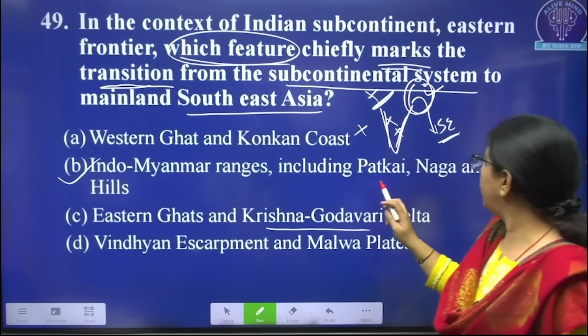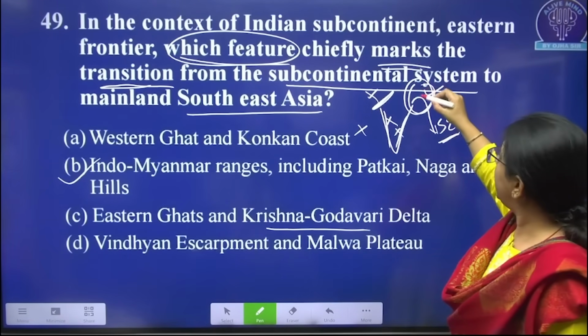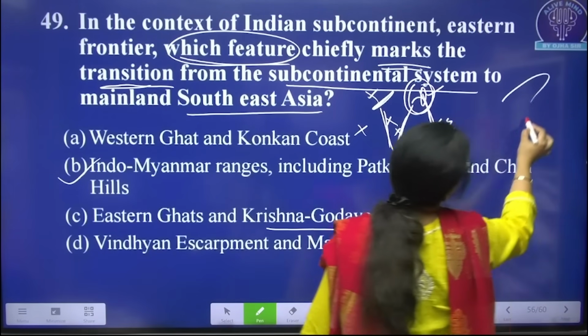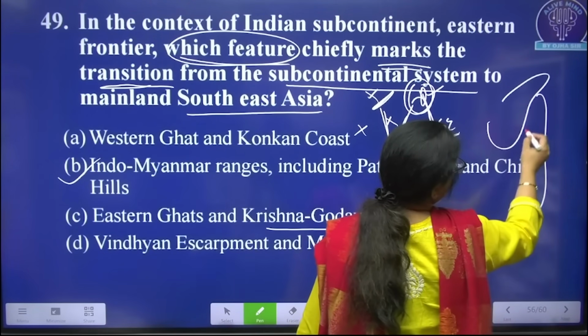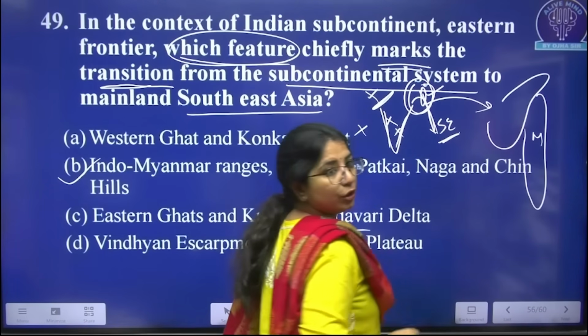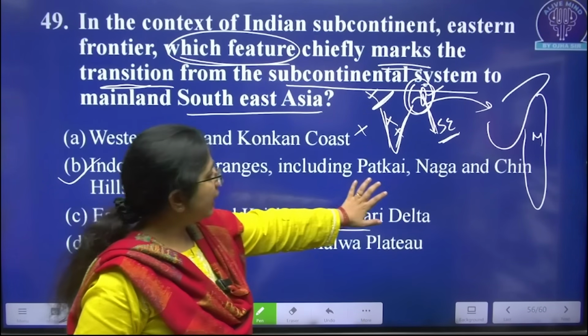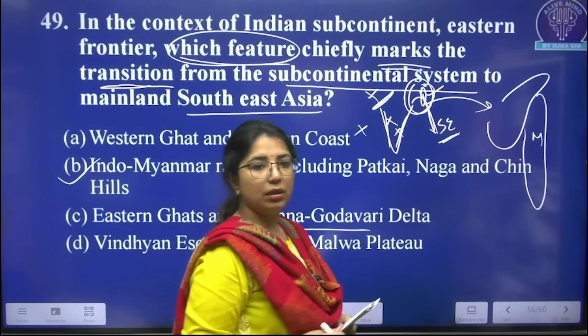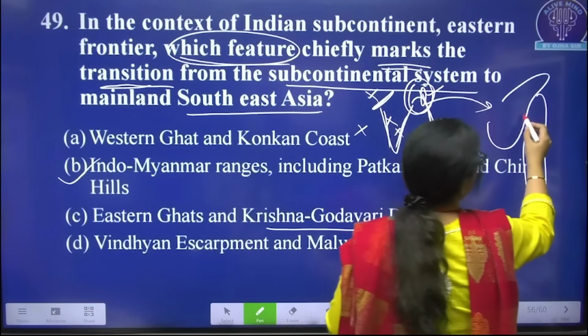Indo-Myanmar ranges including, see, here it's Myanmar, this region. I'll redraw this. This region is Myanmar. I have redrawn this region, right? So what you will get? Ranges, Patkai-Bum, Naga, Chin hills, many more. Mizo hills you'll get.